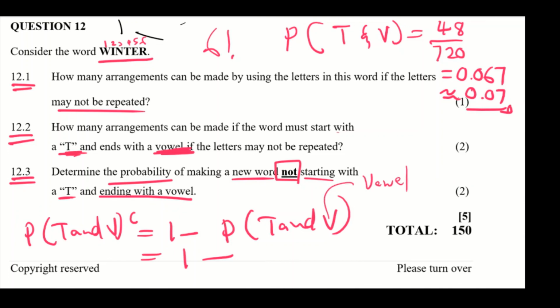Don't forget, not necessarily the letter, but it ends with a vowel. So it's going to be 1 minus 0.07, and your answer is supposed to be 0.93. So this is the solution for 12.3.